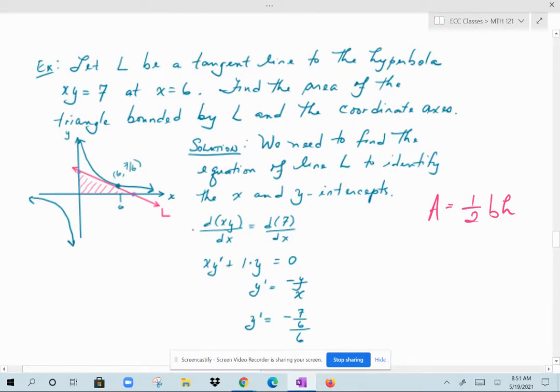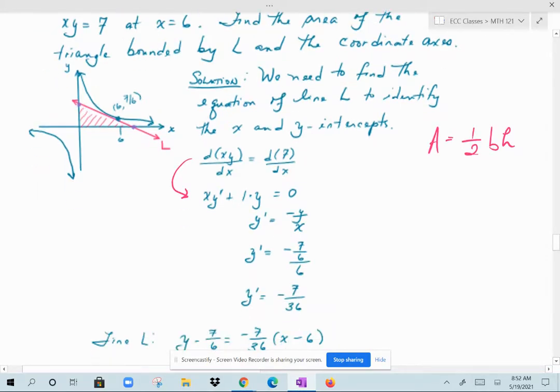So I did find the derivative implicitly, and on the left side, I need to apply the product rule. And we did this one before, xy. So this is x times y prime plus 1 times y, and the derivative of 7 is 0. When I solve for y prime, I get negative y over x, so subtract the y and then divide by x.